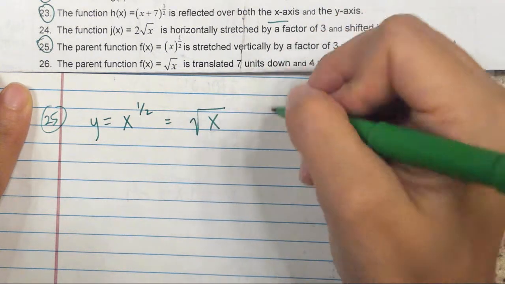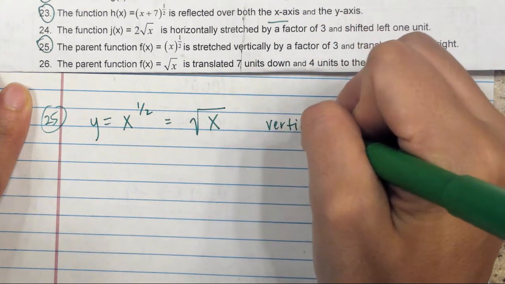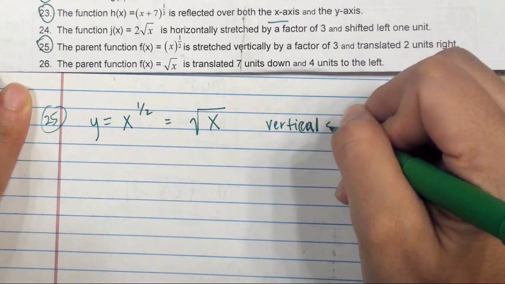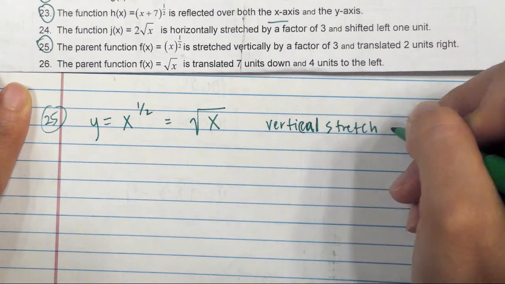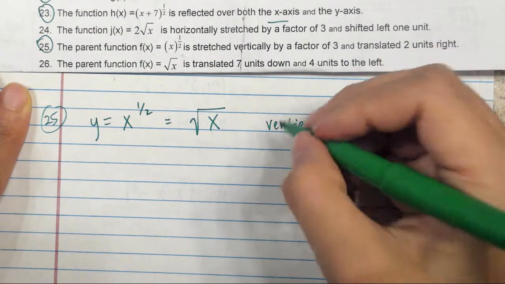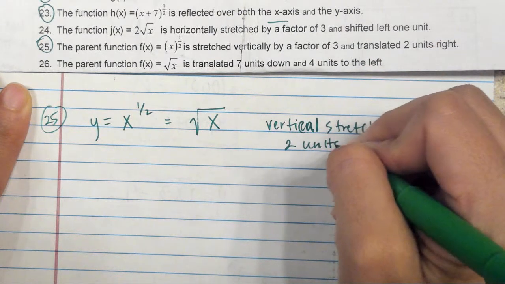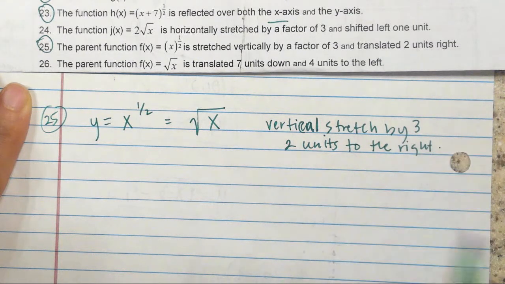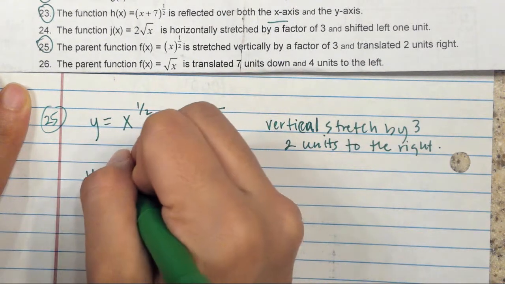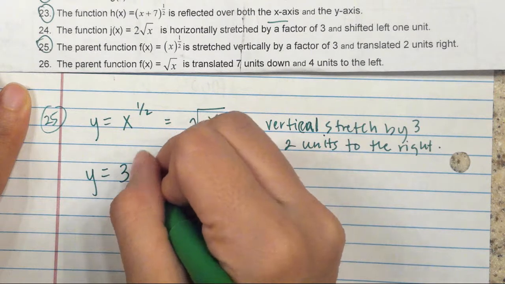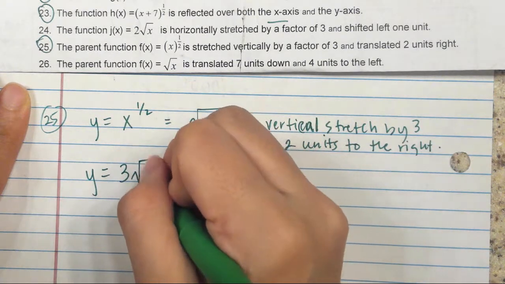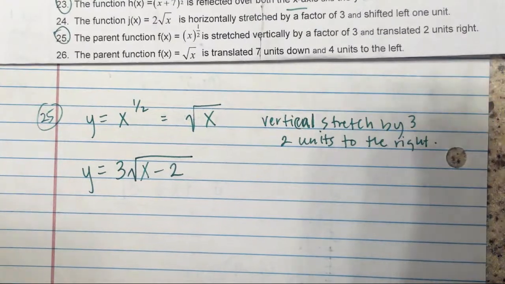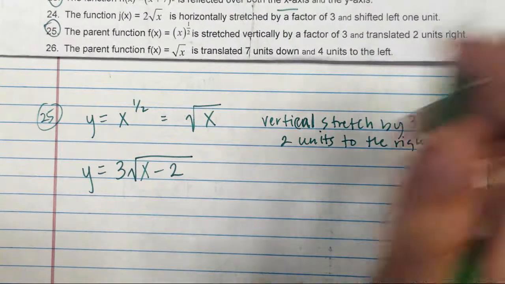It's stretched vertically, so vertical stretch, by 3 and 2 units to the right. So if it's a vertical stretch by 3, it's going to go on the outside. And then if it's 2 units to the right, it's going to be opposite, so it's going to look like it goes to the left. So it'll be x minus 2. That's it.